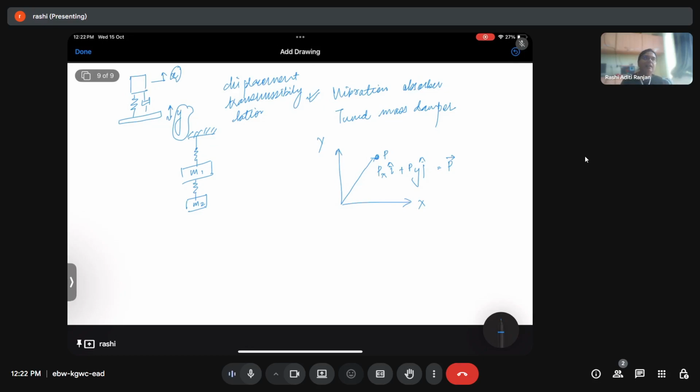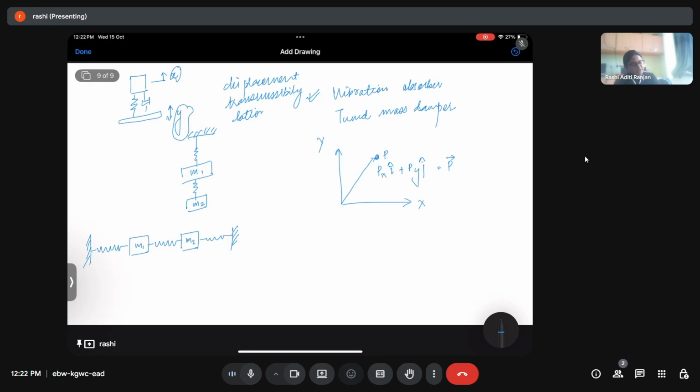So if I have, for a two degree of freedom system, let us say, mass m1 and m2, like this.